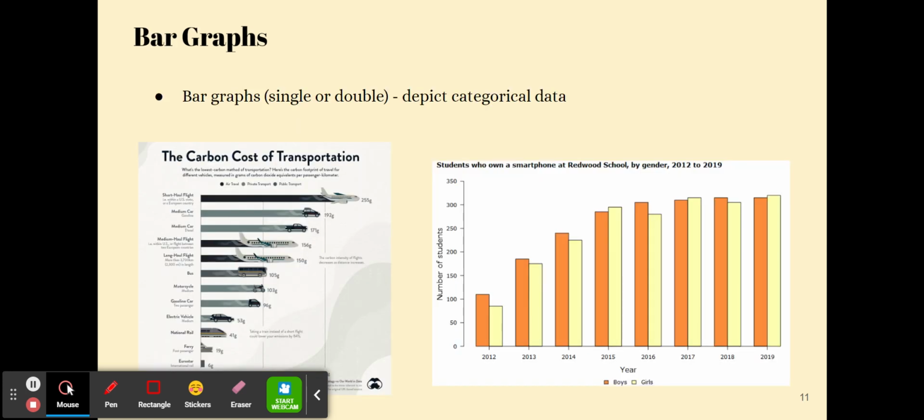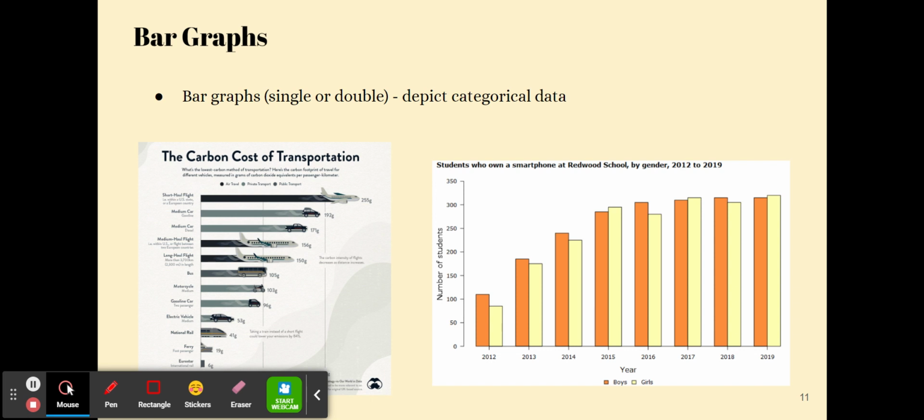So here's a couple of examples of bar graphs. These are on the left, a single bar graph, and on the right, a double bar graph. We use bar graphs when we want to depict categorical information. So we're looking at things that would be in categories. How do you get to school? Do you get to school using a bus, using your parents dropping you off, walking, biking, etc.? Those are categories.